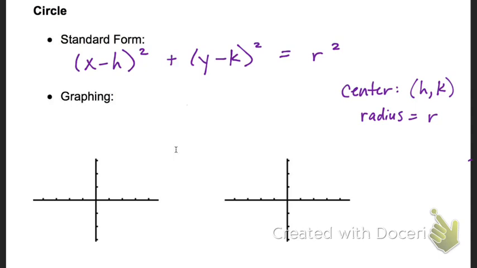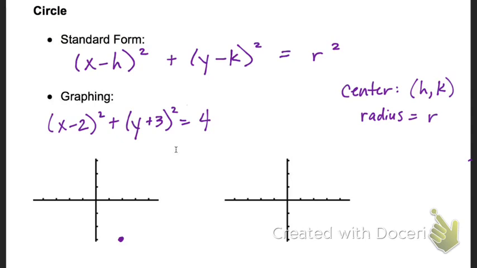So let's say that I had (x minus 2) squared plus (y plus 3) squared equals 4. I'm just making this up, so you can write it in. Where would my center be located? 2, negative 3. So you're going to take the opposite sign because it's in parentheses.